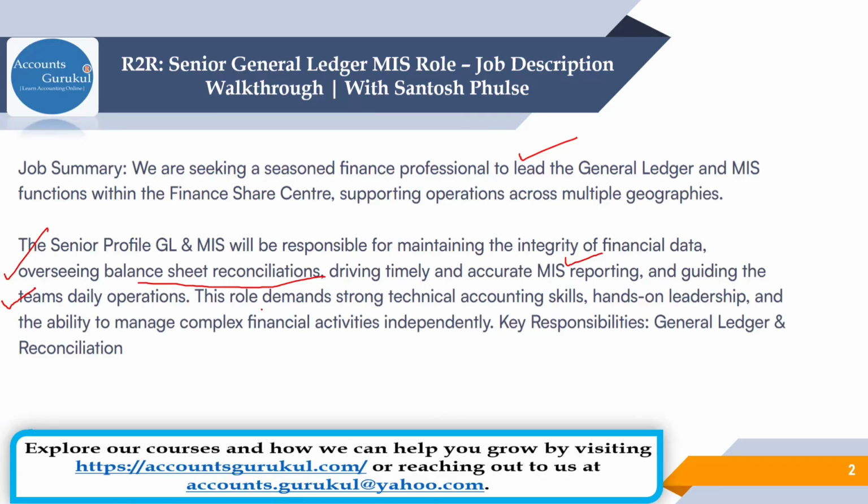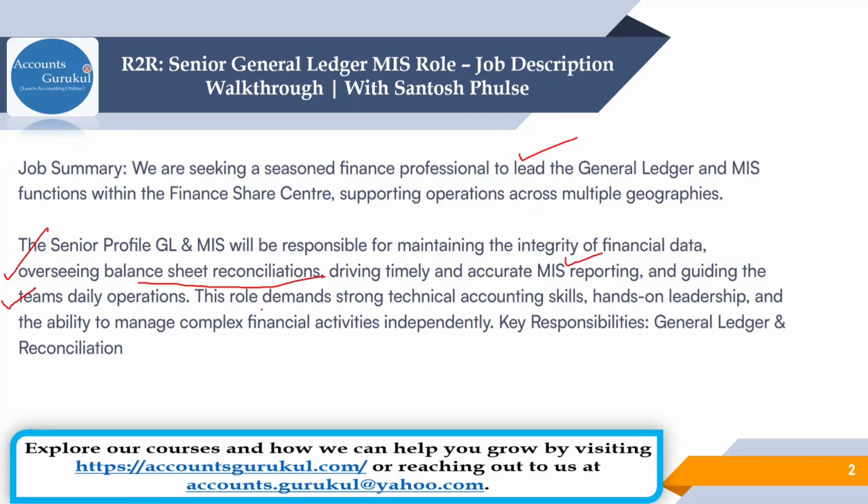Before going to know more about the job descriptions, the job summary itself explains what the expectations are and what skills are going to be required to meet those expectations. This is a senior role in GL and MIS and is going to be responsible for overseeing balance sheet reconciliations. So it means that you are going to oversee the balance sheet reconciliations.